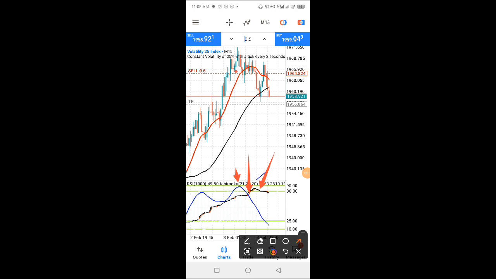Now all you just need is you just want price to close below this red line. Immediately price closes below it, then you put your stop loss at the swing high. Then you take your trade, then you exit in your area of interest.